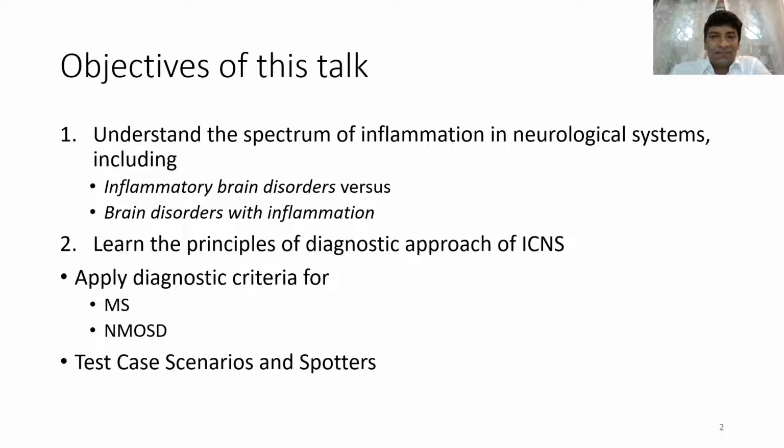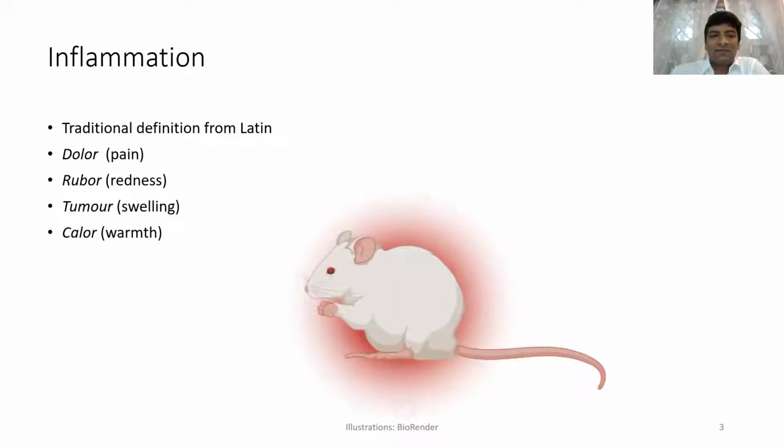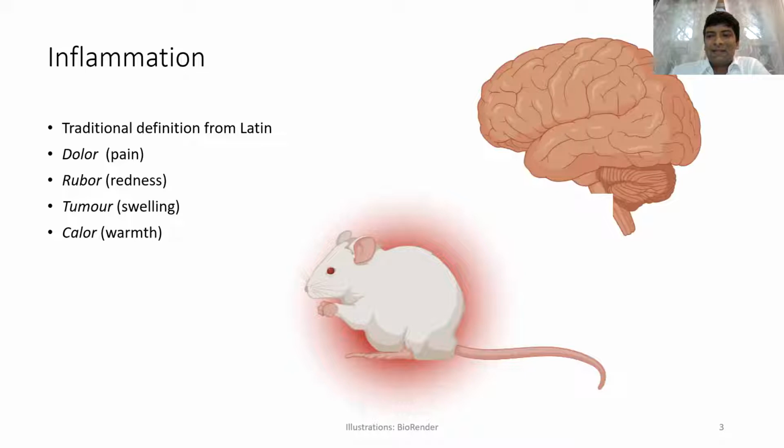All right, so let's get going. Inflammation, as we remember from our pathology days, refers to redness or pain or swelling or warmth in an area, and this is what we traditionally remember. But in the brain, it's actually a more complex entity. For one, because we can't see the brain, of course, and we can't identify these traditional signs.